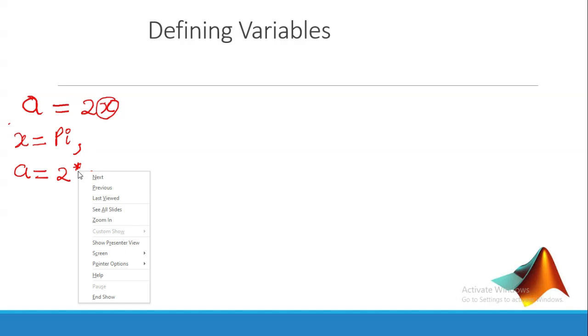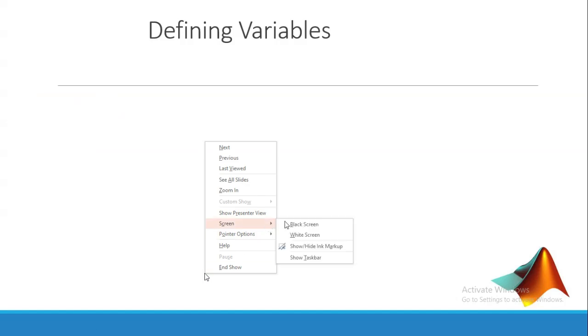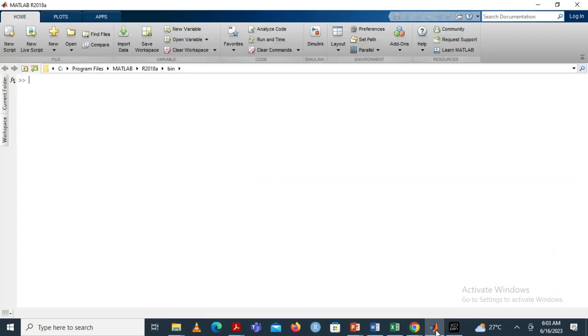Now let's use Matlab to find the solution to this equation. Our equation was a is equal to 2 multiplied by x. When we type 2 multiplied by x, it gives us undefined function or variable.